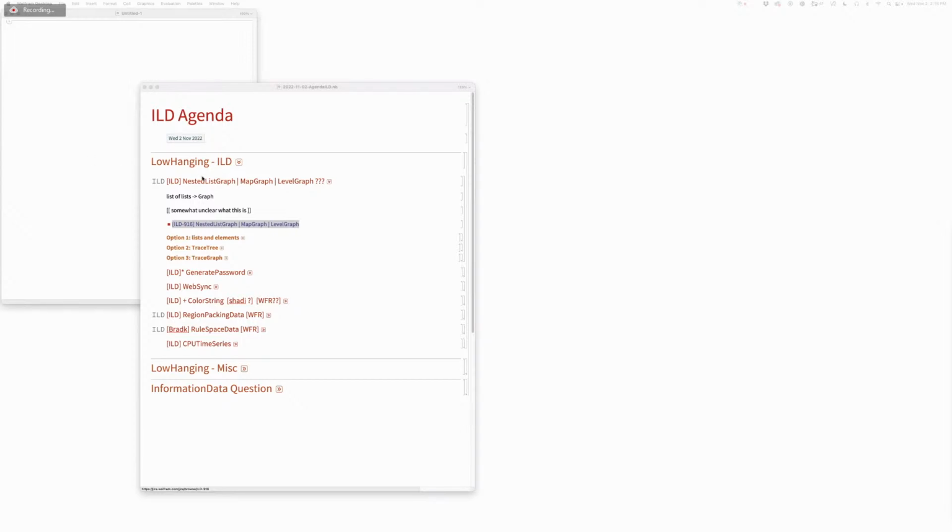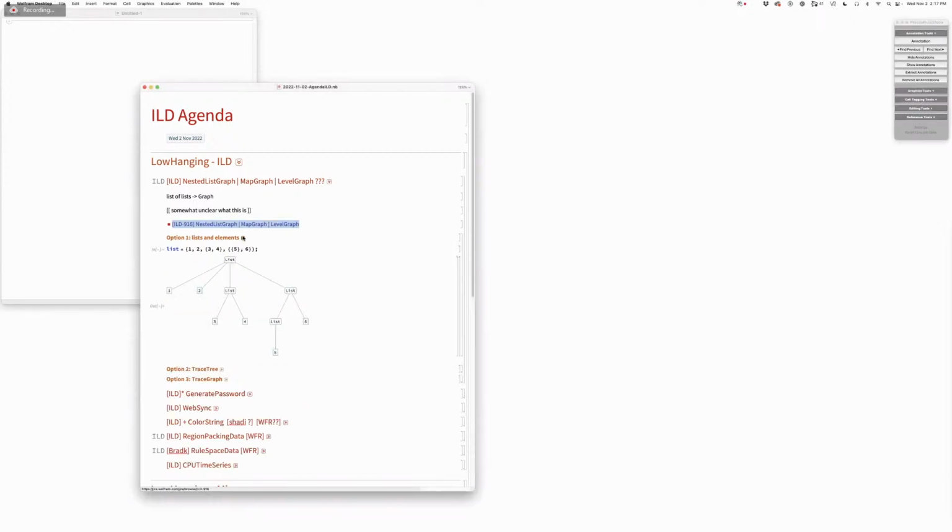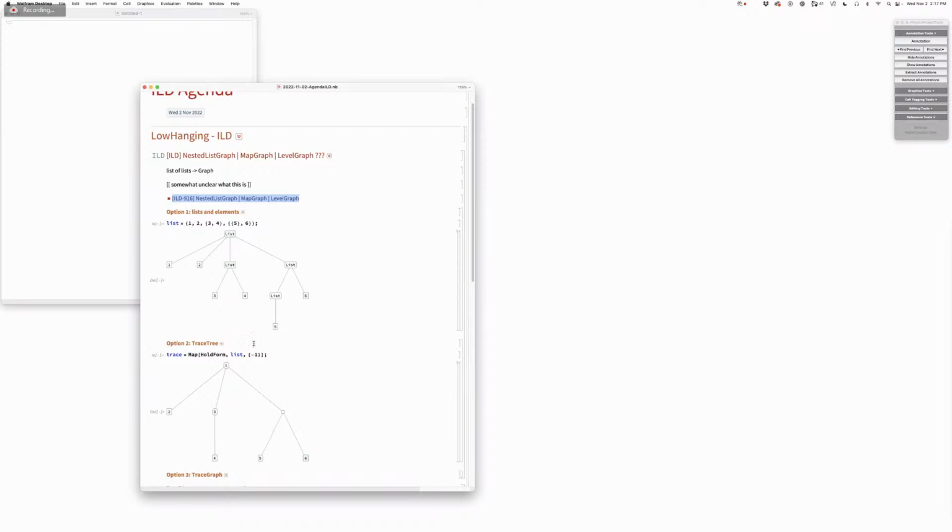Anybody know what this is? Ian had the options there. Ian had talked a little bit about these things as they apply to trees. What are these options? We were assuming that what you wanted was something that takes nested lists and produces a graph, but I'm not sure that's what this was supposed to be.